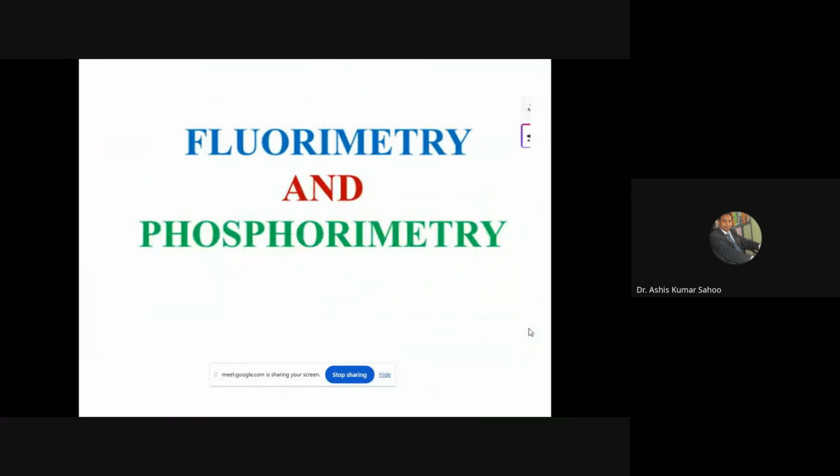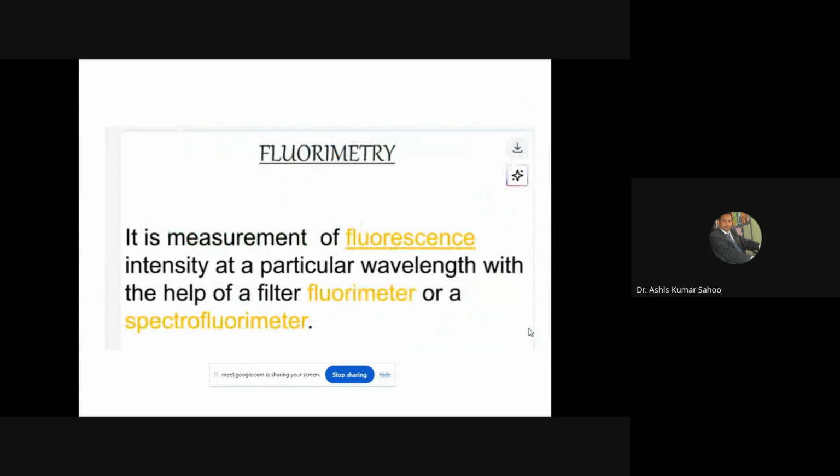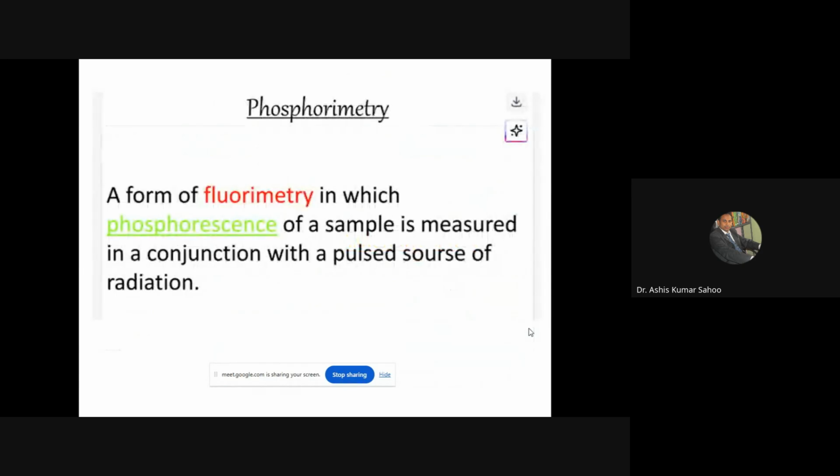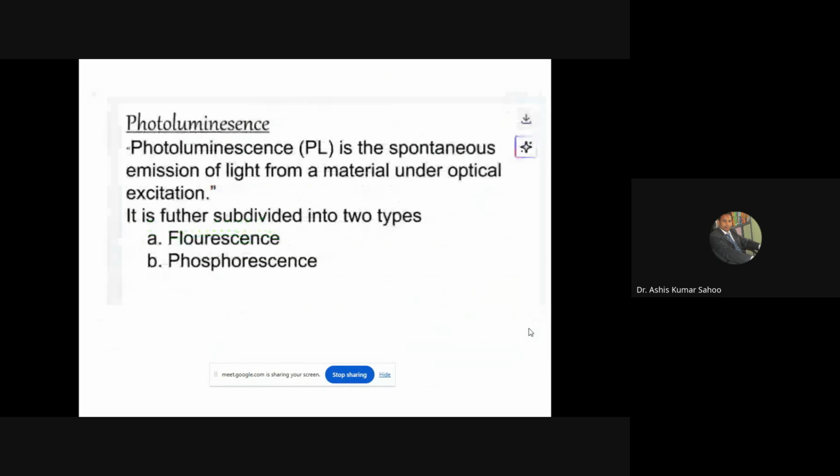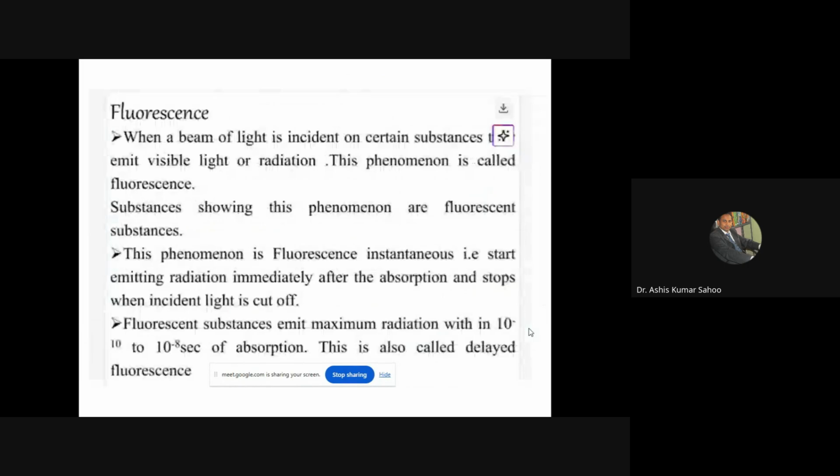So, you can see what is fluorimetry. Photoluminescence has two types, fluorescence and phosphorescence. What is fluorescence?